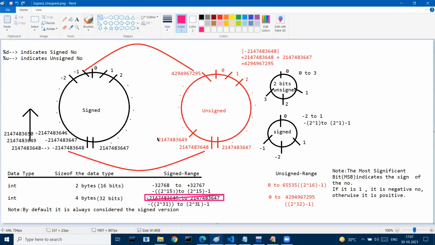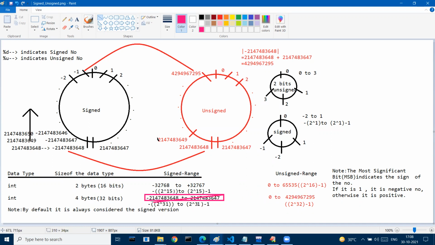The same range, if I go for unsigned for the same 4-byte integer, becomes 0 to 4294967295.